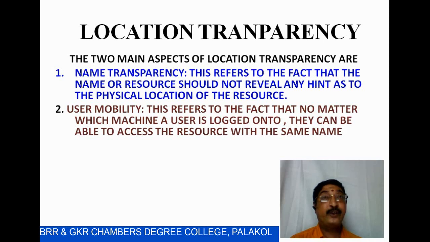So the user must be able to log into any machine and get all his details. That is location transparency. From any location, the user must be able to access his resource. These two fall under location transparency.